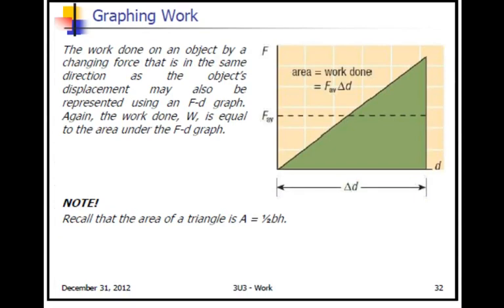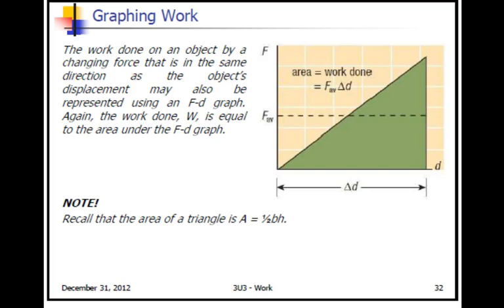So the first two situations where we had rectangles are situations where we would have a constant force applied, but sometimes force is not applied at a consistent rate over time. So in this case, we would have the force varied with the displacement or the position.